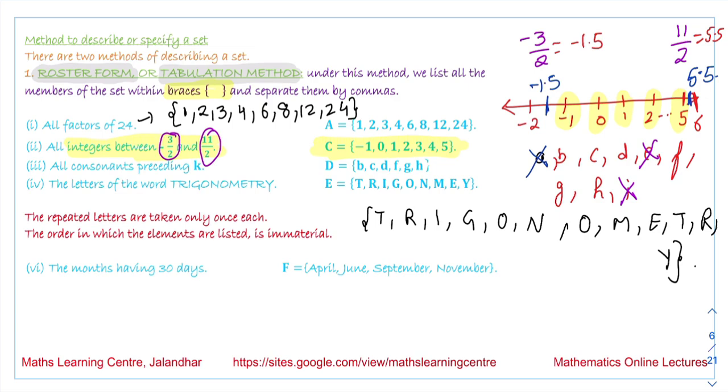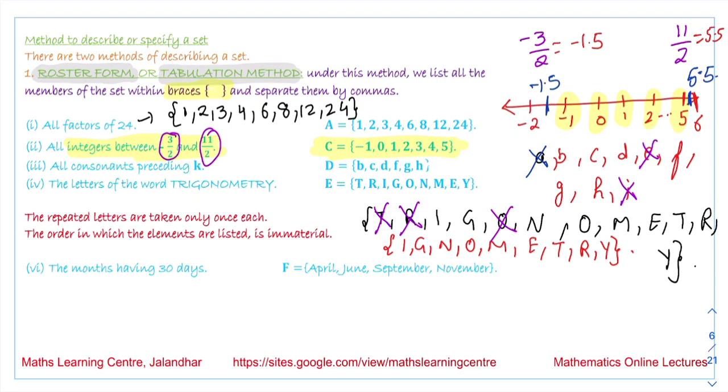So this O is repeated twice, so we remove this O. We can remove this T because it is repeated, and also this R. Next we have the letter I once, G, then N, M, E, T, R, Y. So the collection we obtain is I, G, N, O, M, E, T, R, Y.